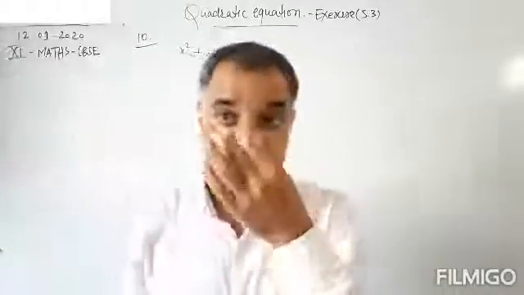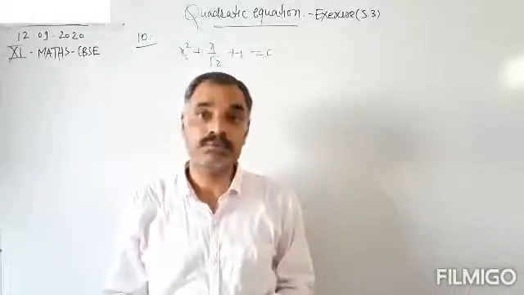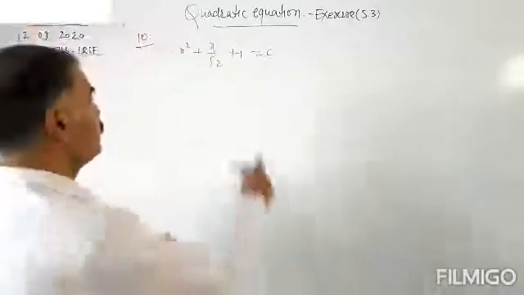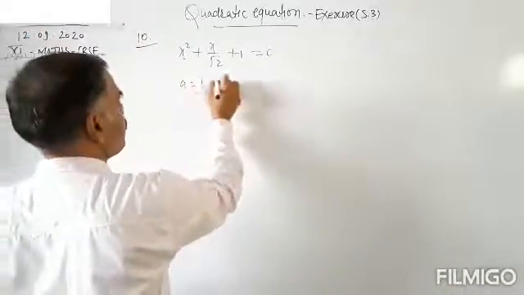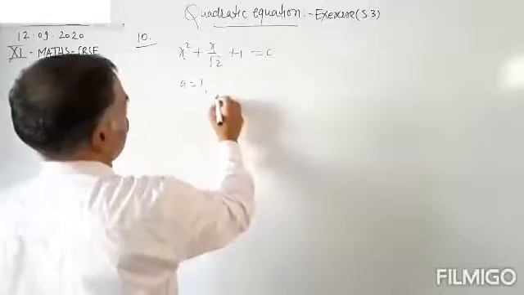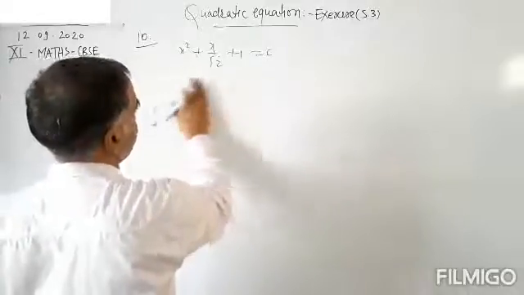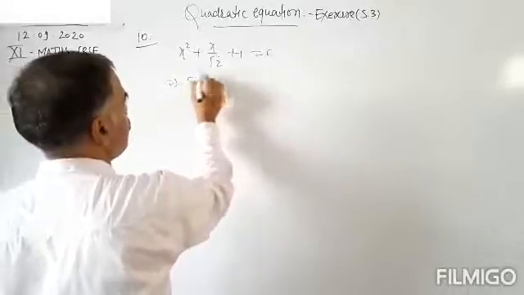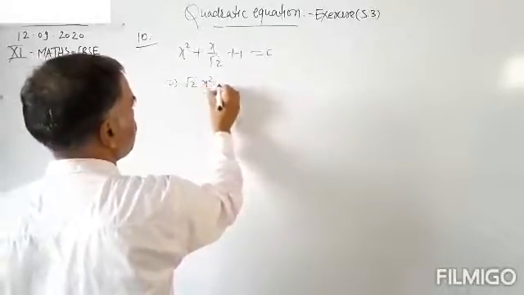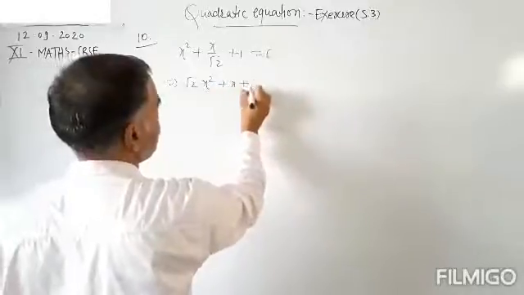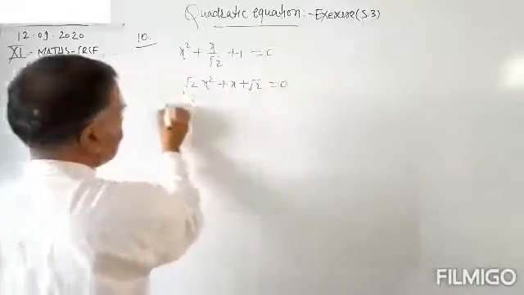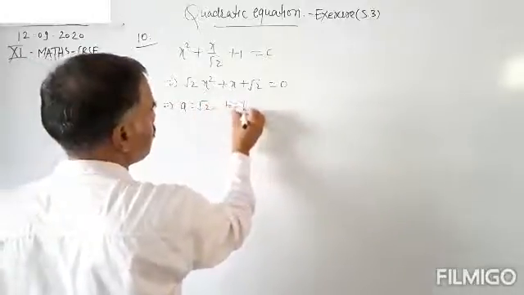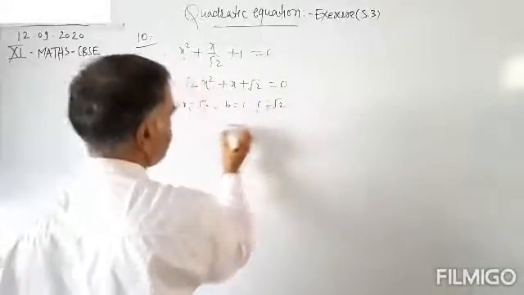So we have to solve this quadratic equation. First of all, multiply by √2 and convert this quadratic equation to √2x² + x + √2 = 0. So a = √2, b = 1, c = √2.